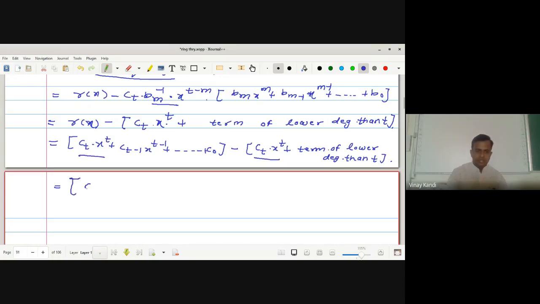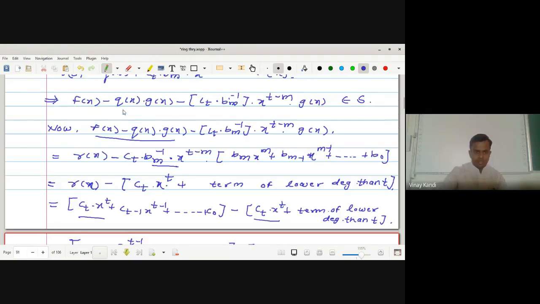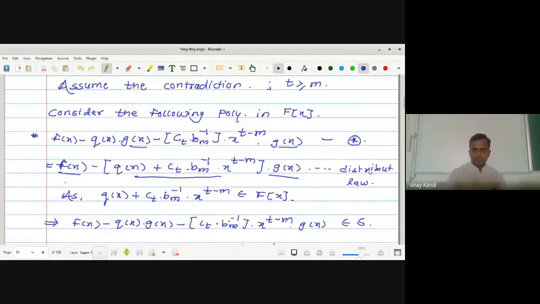So here we get Ct minus 1 into x raised to t minus 1 plus up to so on plus C naught, minus terms of lower degree than t. Thus, ह्याची व्हॅल्यू आली, value of this one, this polynomial.